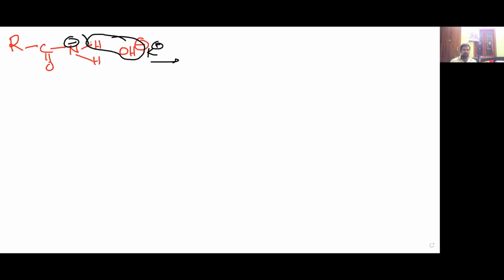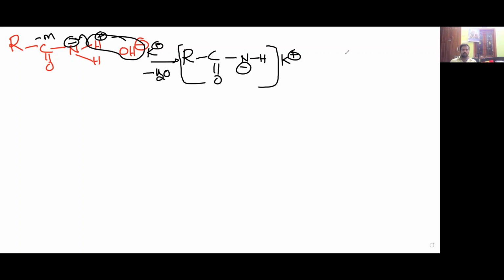Then the bond shifted towards the nitrogen side, H plus and base, an acid base reaction, because these two hydrogens are acidic because of the minus and electron withdrawing group. Then R C double bond O N minus hydrogen. For the stabilization purpose, K plus is there because you added base. Water is eliminated. I hope you can understand.